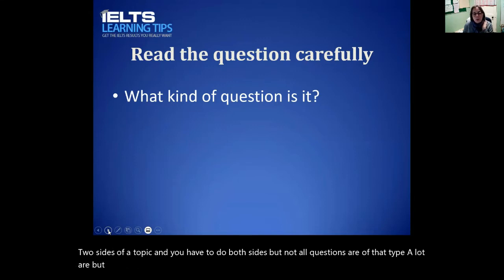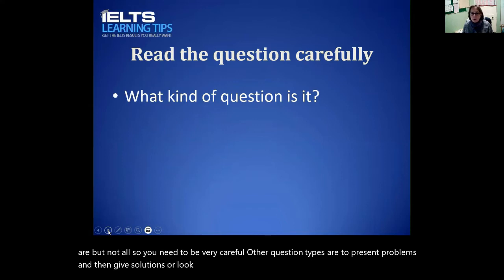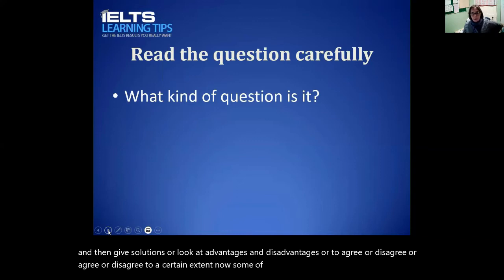So you need to be very careful. Other question types are to present problems and then give solutions, or look at advantages and disadvantages, or to agree or disagree to a certain extent. Now, some of those require your opinion.